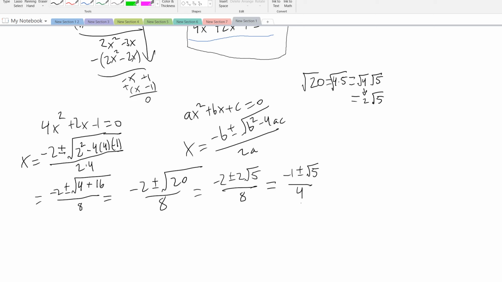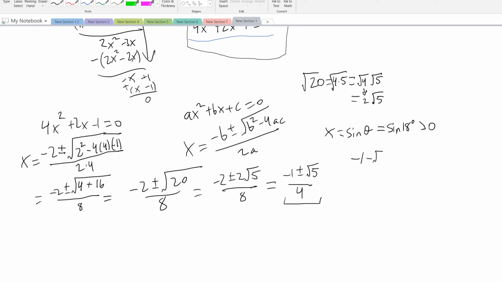So we need to figure out which of these solutions we want. Recall that, again, x is sine of theta, sine of 18 degrees. Now this quantity is going to be a positive number. So one of these is a positive number, one of them is a negative number.